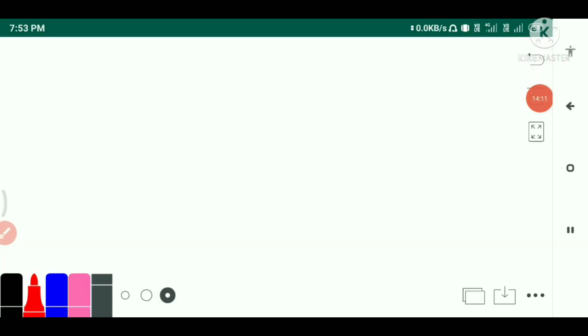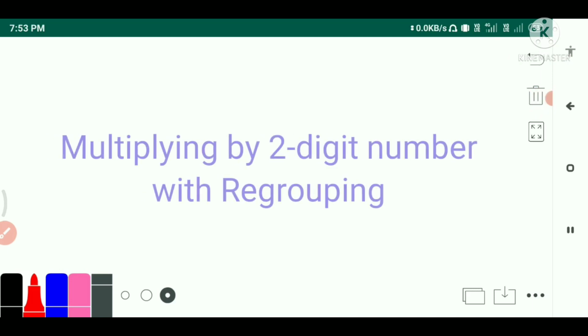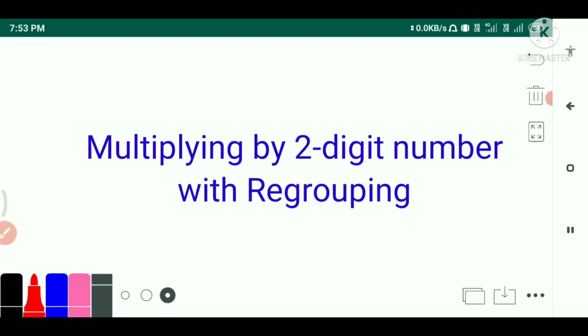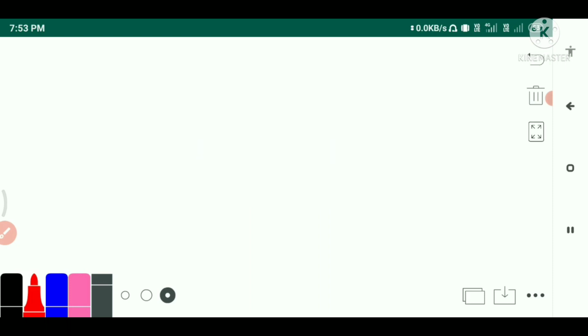Okay students, now we'll see how we can multiply any 2-digit number with regrouping. Previously we discussed how to multiply any 2-digit number without regrouping. Now we'll see how we can multiply any 2-digit number with regrouping. So for example, we need to multiply 23 with 43.